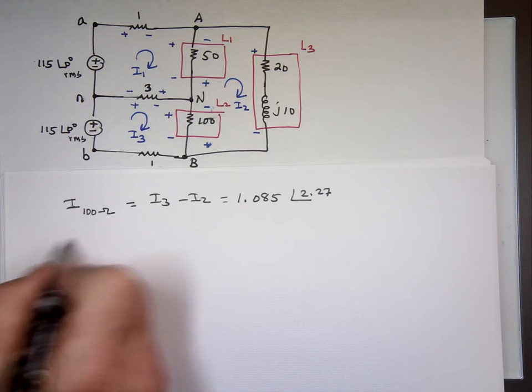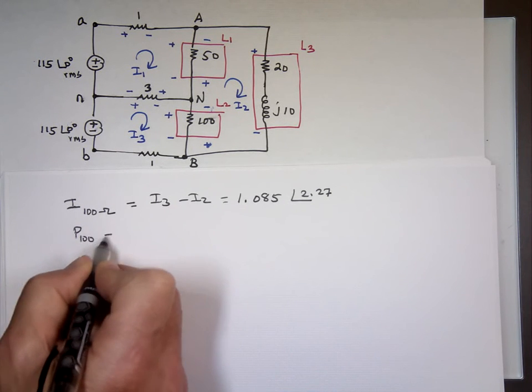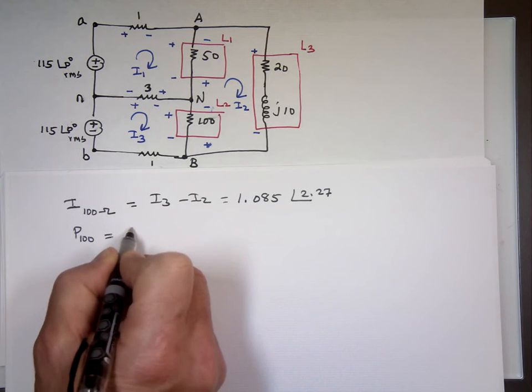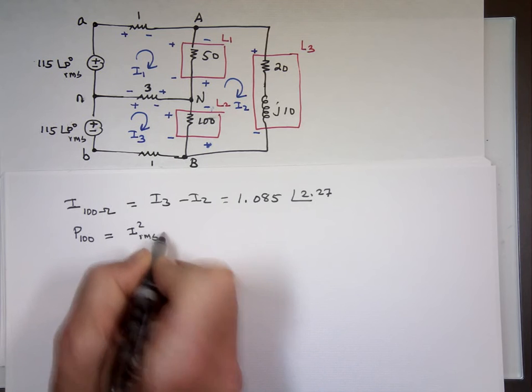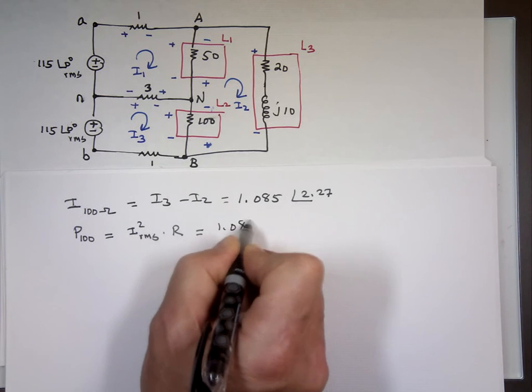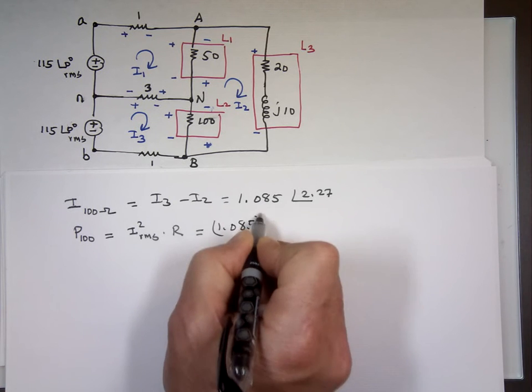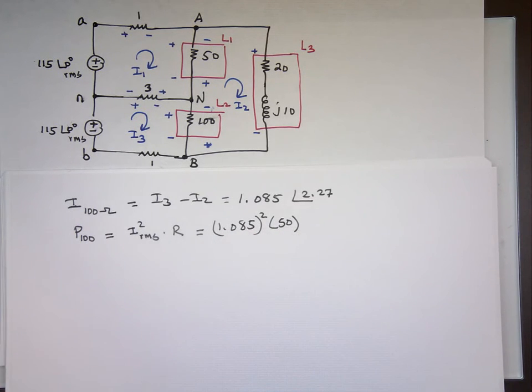So what is the average power absorbed by the 100 ohm resistor? It's going to equal I squared RMS times R, which is 1.085 squared times the 100, not a 50.